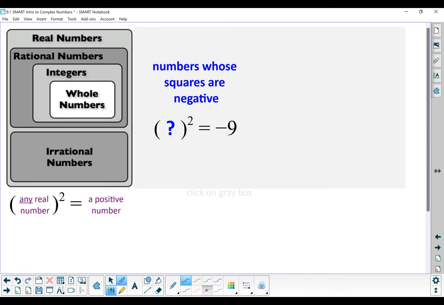So when you first started school, or even before school, I guess, you learned to count. And when you learned to count, you were using the whole number system, like 1, 2, 3, 4, 5. And then you got a little older, and in school, you started learning about fractions, which are rational numbers. And so you expanded your number system a little bit so that it included more than just those whole numbers.